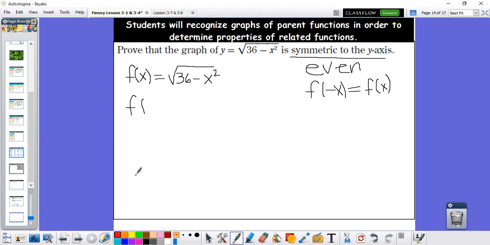I'm going to do that in red. Negative x. And I've got the square root of 36 minus negative x squared.